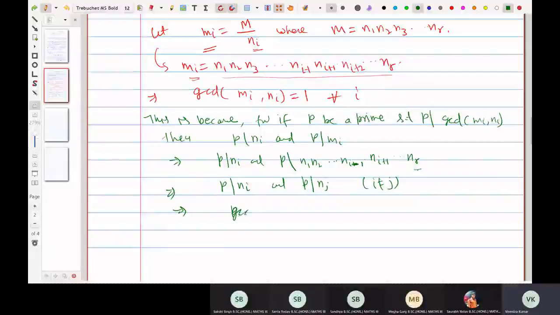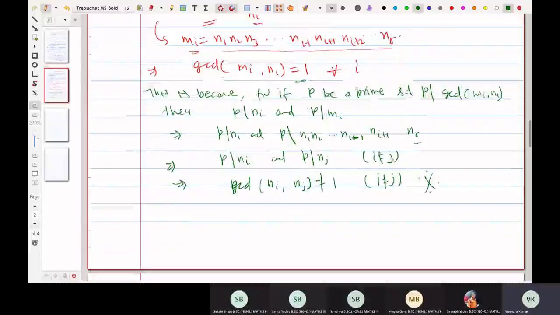So therefore, the greatest common divisor of m_i and n_i should be 1. That is, they should be relatively prime.